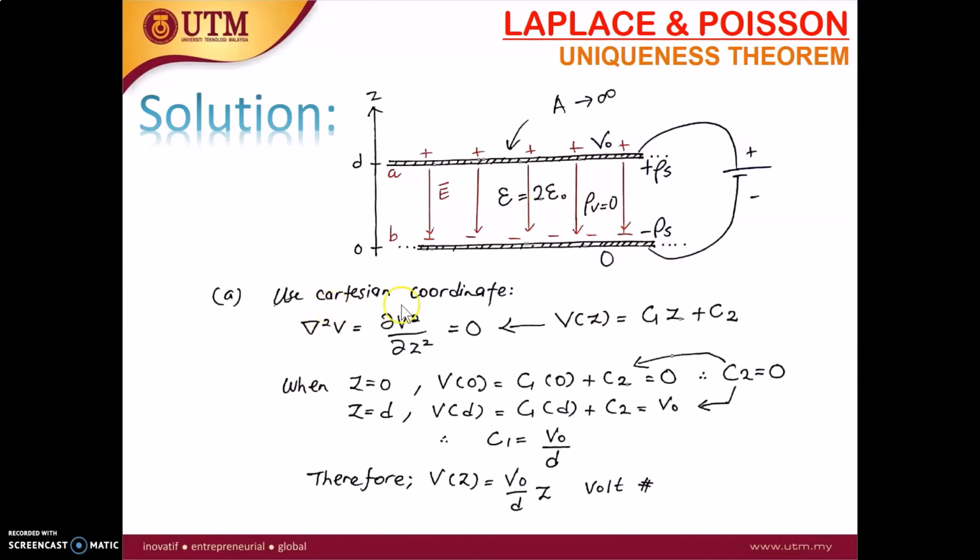So we use the Cartesian coordinates where the Laplacian of V, del squared V over del Z squared, equal to 0. The same solutions apply: when Z equal to 0, we get C2 equal to 0, and when Z equal to D, we get C1 equal to V0 over D. These are still the same expressions, so I go fast.